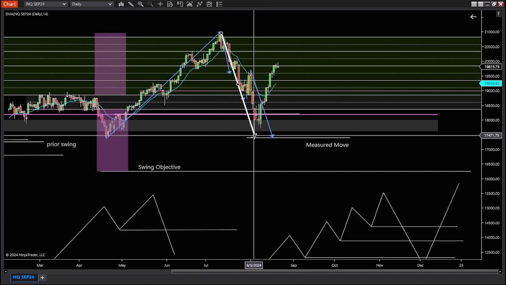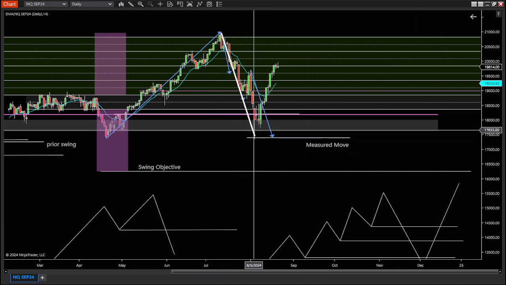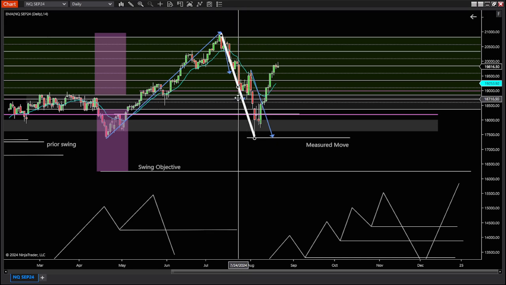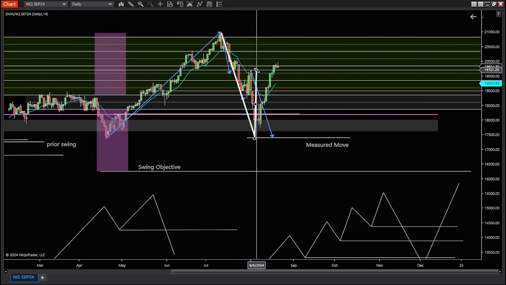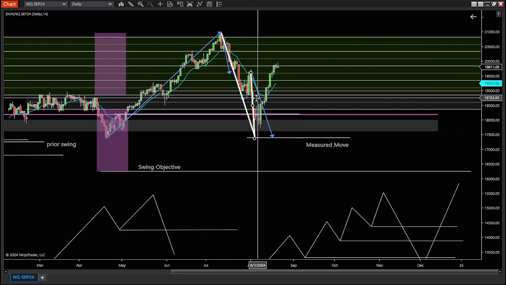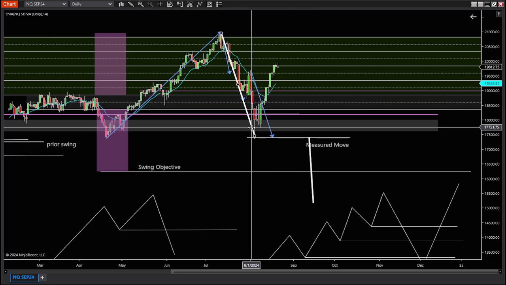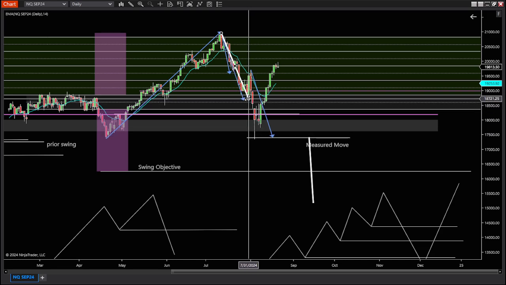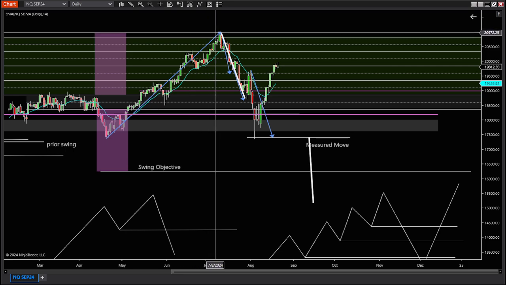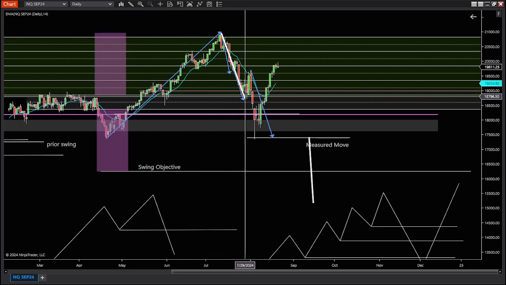Strong move down, right? That is a very strong move down here. From there, we pulled back. I'm sorry, let me adjust this properly. Strong move down from the high to here.